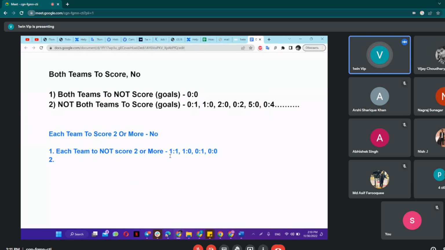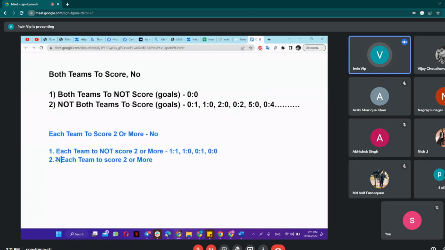So 4 possible scores to win. Each of the teams has less than 2, starting from 1-1 to the end of the list: 1-0, 0-1, 0-0.